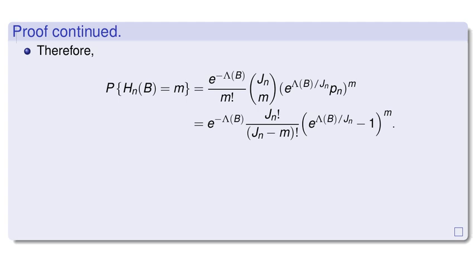This simplifies to e to the power minus lambda of B times Jn factorial divided by Jn minus m factorial times e to the power lambda of B over Jn minus 1, all raised to the power m.